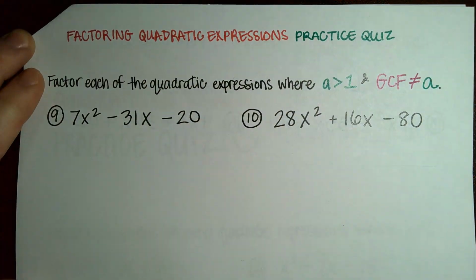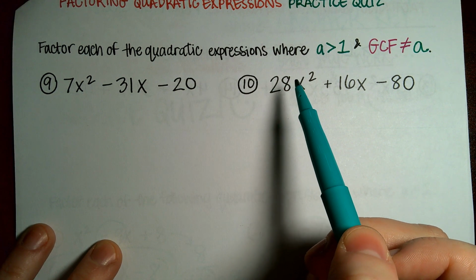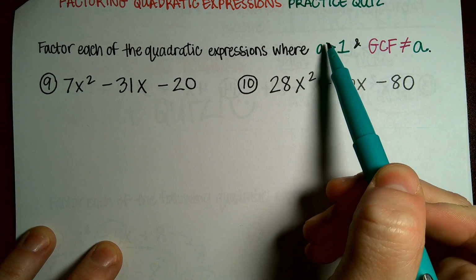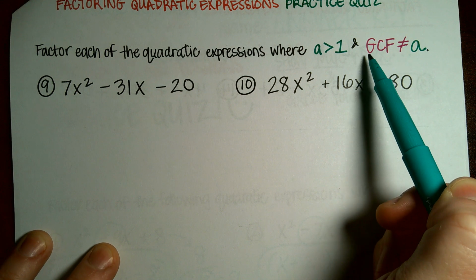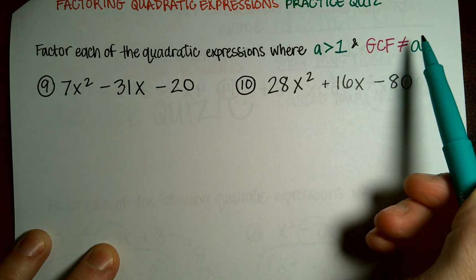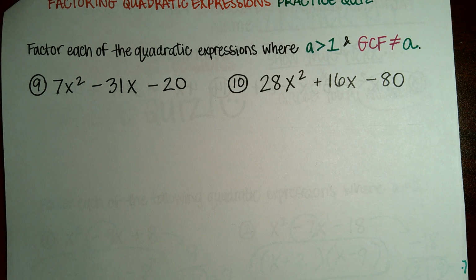So here's where we go one step further. This time we are factoring quadratic expressions where a is greater than 1 and the greatest common factor is not equal to a. So even if I can factor out a number, I'm not going to be able to reduce it down to a equals 1.